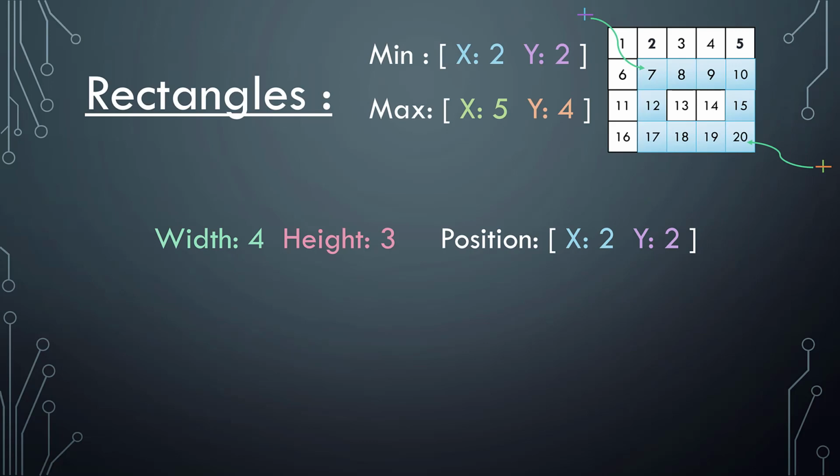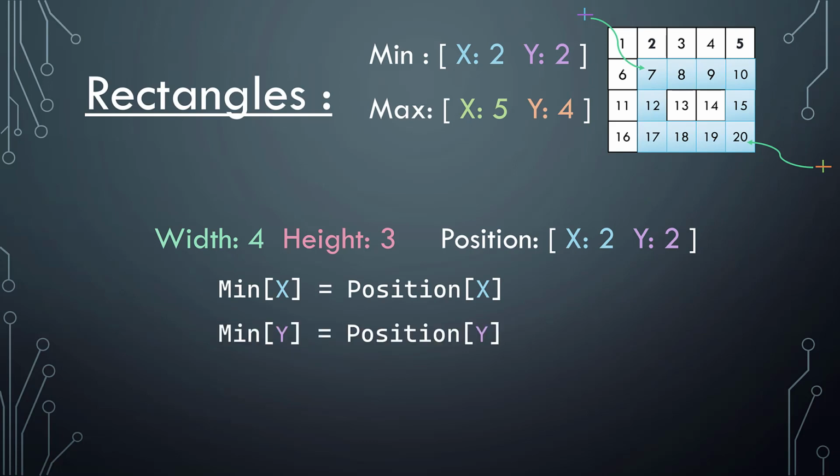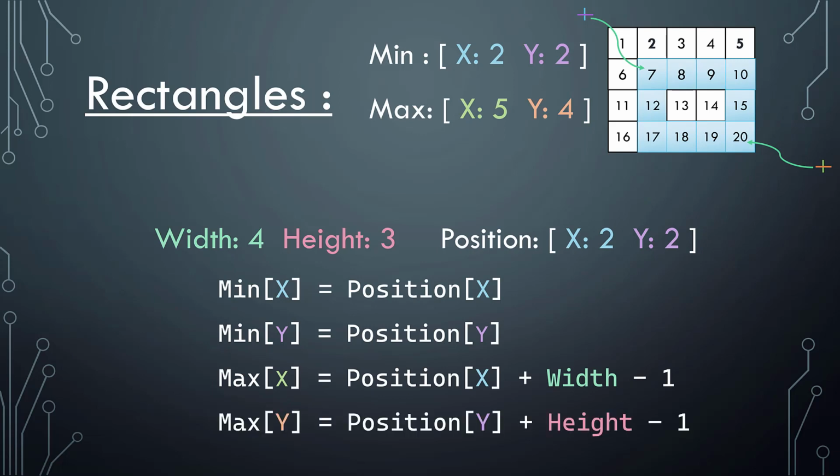Okay, so this is a common thing to end up doing, and this is the common representation that we're going to get, but it's actually simpler to draw the rectangle using a different form of input, which represents the min and max coordinates of the rectangle. So the min column is going to be whatever the position x, and the min row is going to be the position y, and then the max x is going to be the position x plus the width -1, as we saw, and the max y is going to be the position y plus the height -1, as we saw.